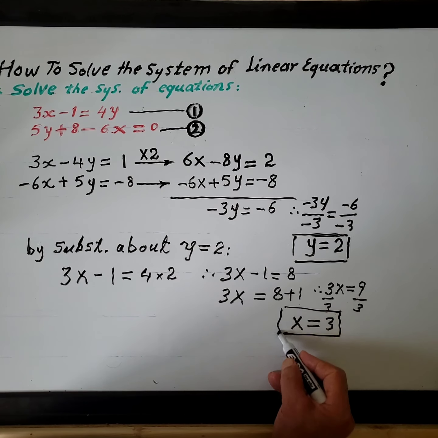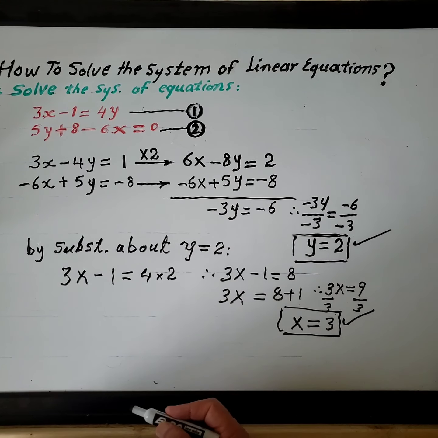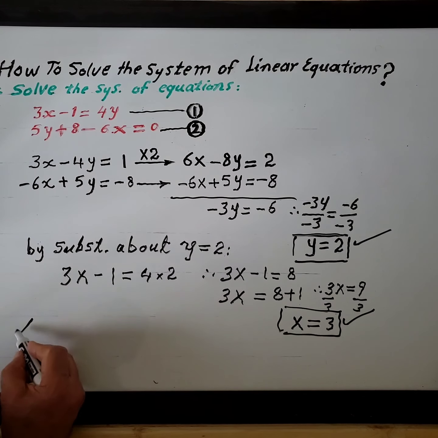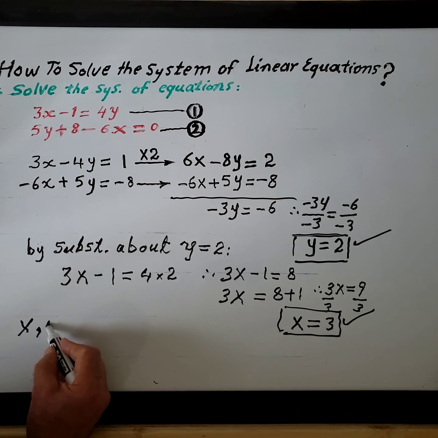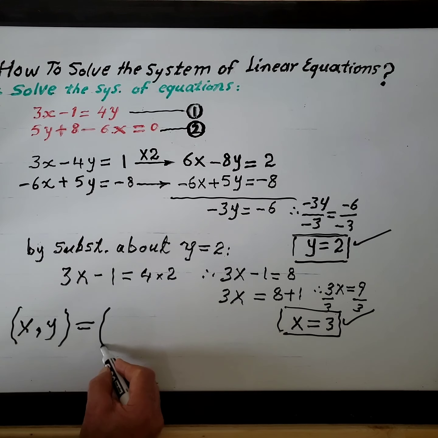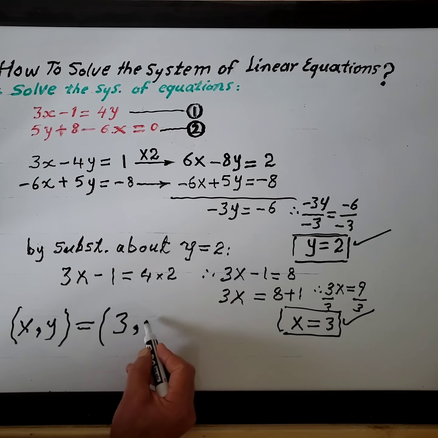So after you got the values of x and y, you say the solution is x and y is the point (3, 2).